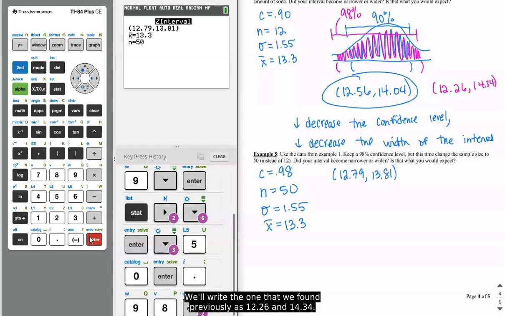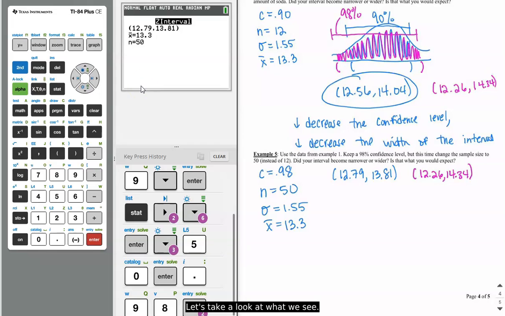We'll write the one that we found previously as 12.26 and 14.34. So let's take a look at what we see. If I look at which one is narrower, the one we just calculated is narrower. You may be thinking maybe that's not what you expected. This one is wider.